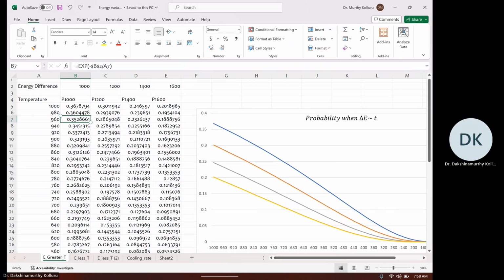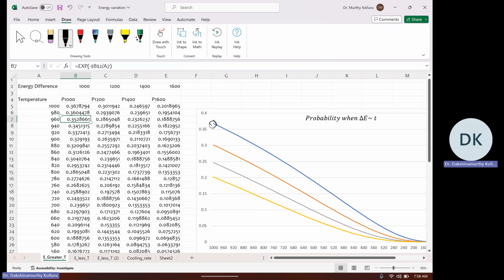If my objective difference is of the same order as the initial temperature, a bad solution I will accept with a probability of 0.36, or 0.30 if it's 1200, 30%, or 25%, or 20%.